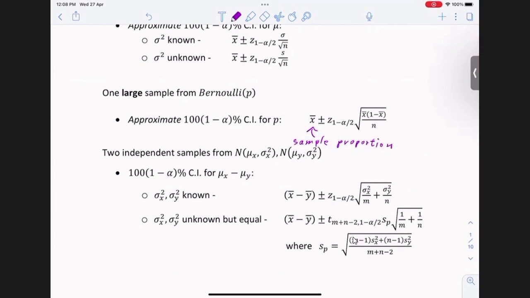Okay? So for the population proportion, we make use of the sample proportion plus minus a normal quantile, multiplied by this quantity. In fact, this quantity is the standard error of this. For the mean and proportion, they usually take this regular form.